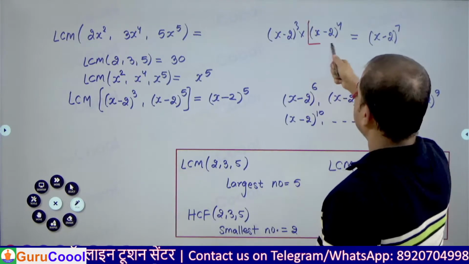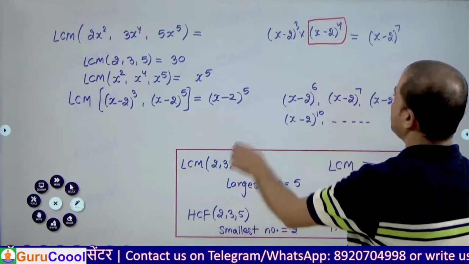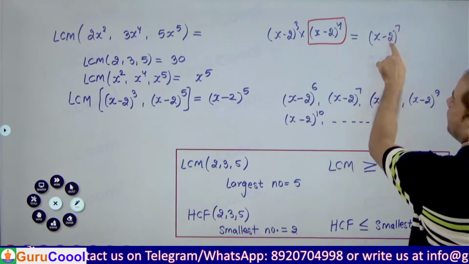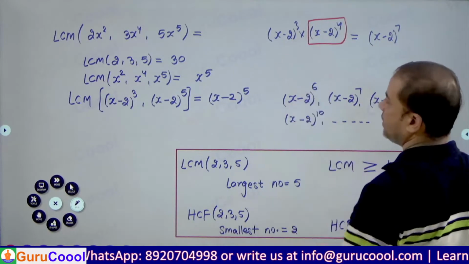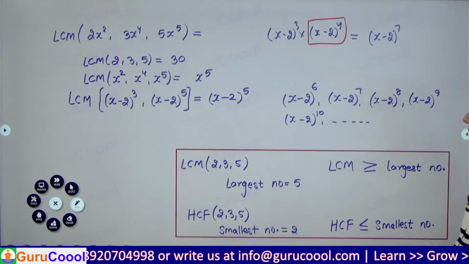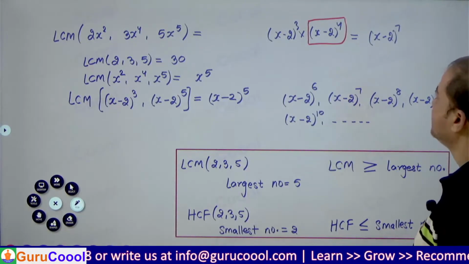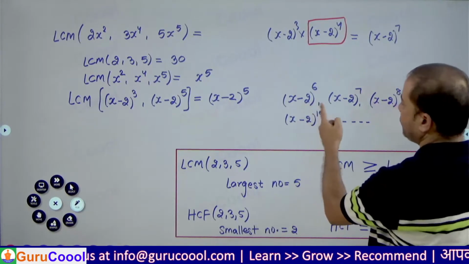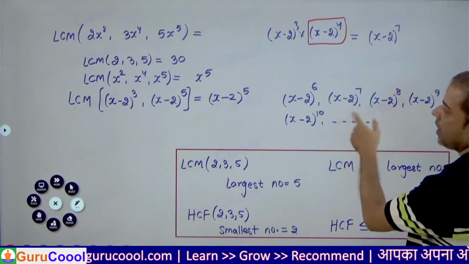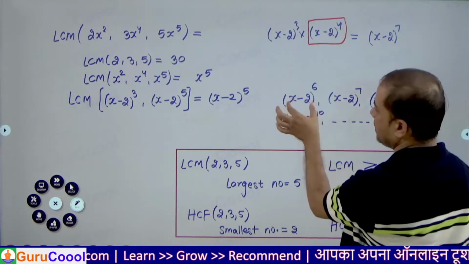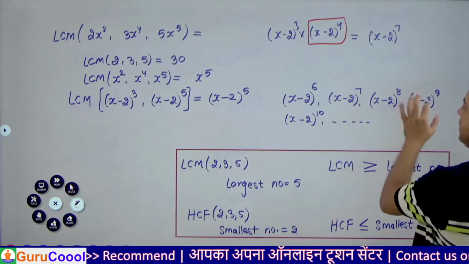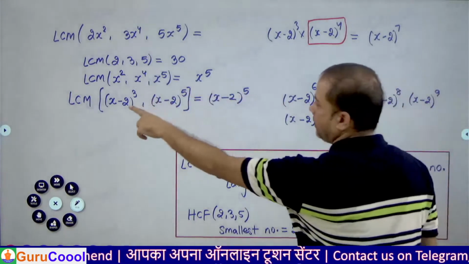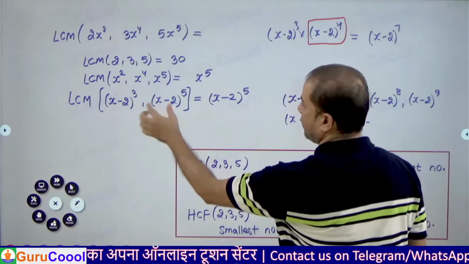So this is what you multiplied. That means x minus 2 power 7 is a multiple of x minus 2 power 3. Yes or no? Yes, sir. That means x minus 2 power 6, x minus 2 power 7, x minus 2 power 8, each of these are multiples of both of these.